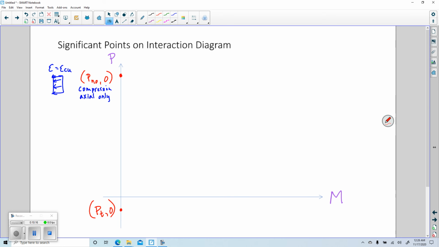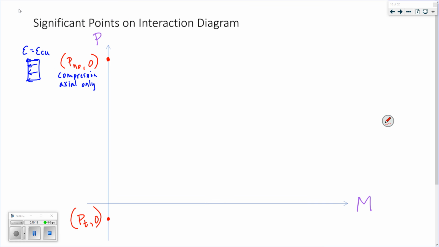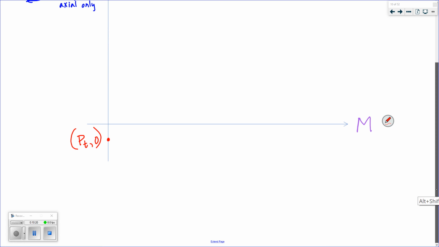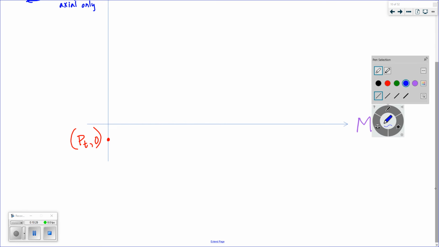There, oops. So PT, there could actually be a moment associated with this, because if you're in tension, we're assuming our concrete isn't involved.